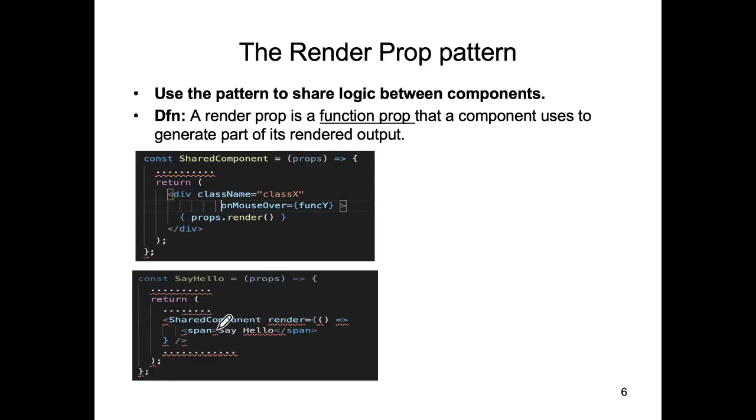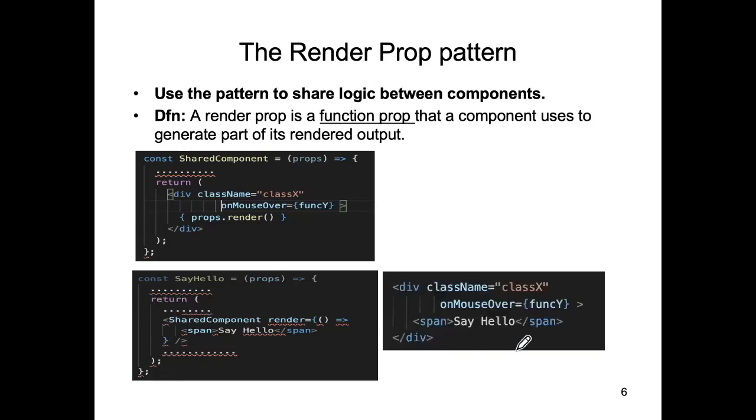It's just returning a span. So when this say hello component renders, its net effect is to essentially generate this overall HTML. My span is going to be inserted within the div, the div being provided by my shared component up here.